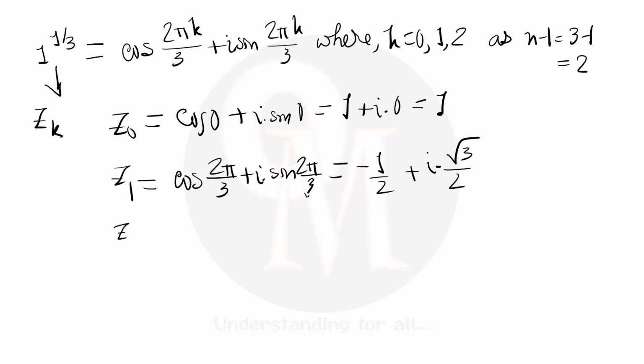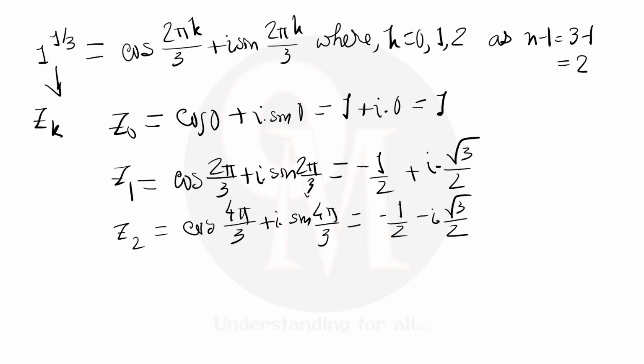Similarly z2 is cos of 4 pi by 3 plus i into sine of 4 pi by 3, that is minus half minus i root 3 by 2. And you can see that these three are the cube roots of unity.